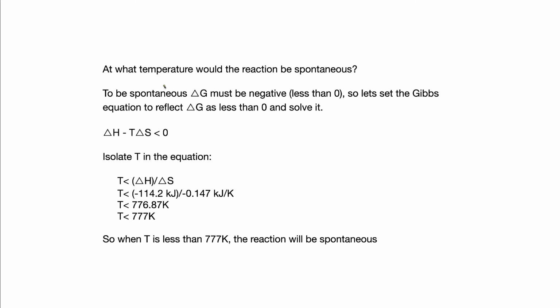What temperature would this reaction be spontaneous? Remember, in order to be spontaneous, Gibbs free energy needs to be less than 0. So if we take the equation and we set it to less than 0 and isolate for the temperature, then we'll be able to figure that out. So we've got enthalpy minus temperature times entropy.